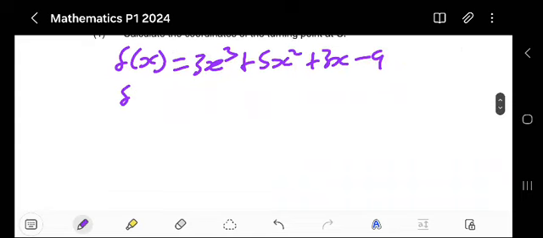Then take the first derivative, multiply there.